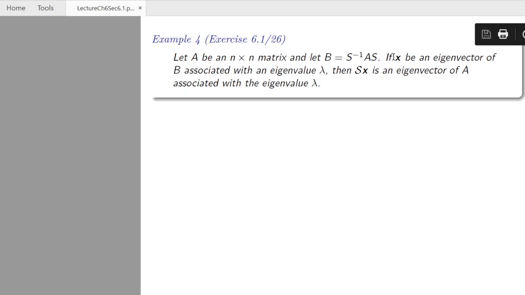Because x is an eigenvector, x is non-zero. S is a non-singular matrix. A non-singular matrix times a non-zero vector, so S times x is non-zero. So that's the format in this question.